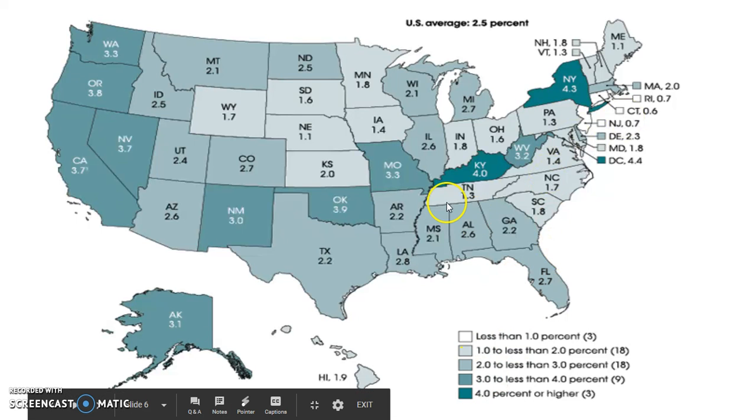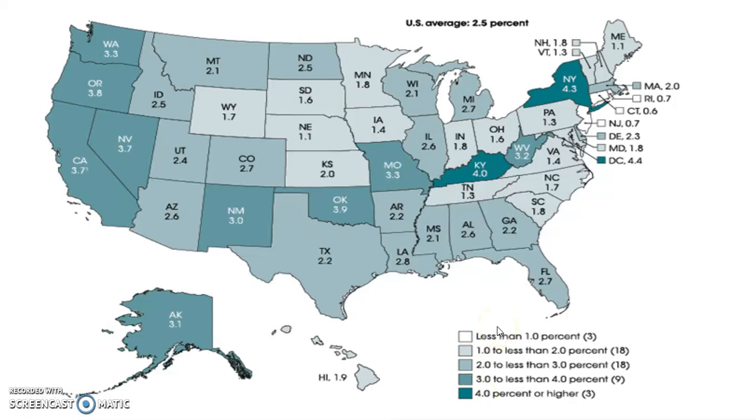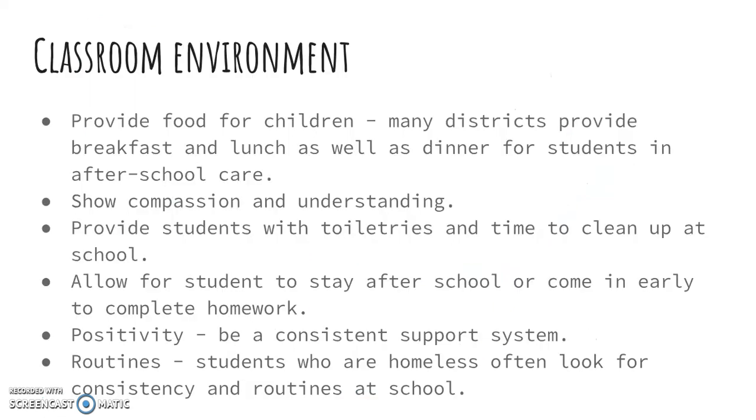Most from this map range between 2% or more, and the average among the U.S. is about 2.5%.